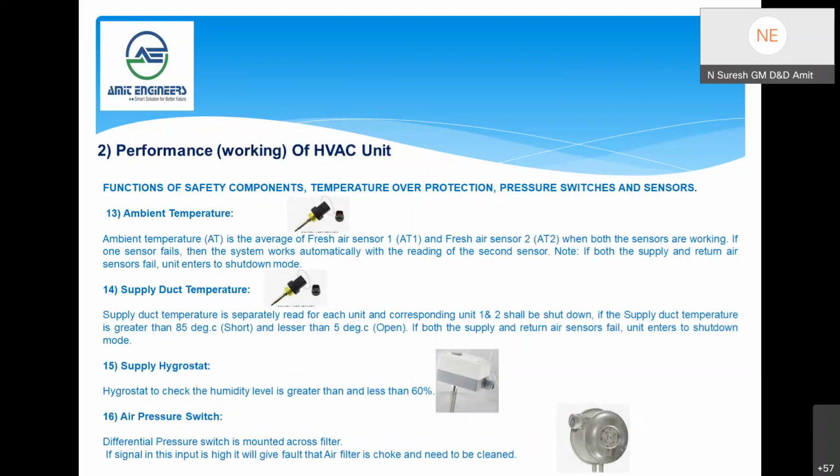This is the fresh air, that is the ambient temperature sensor, the supply air temperature sensor, and the hygrostat we discussed. This is also placed inside the unit, and the air pressure differential switch is again placed inside the unit.